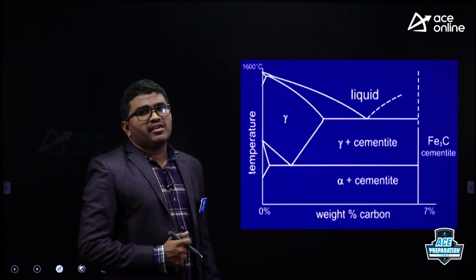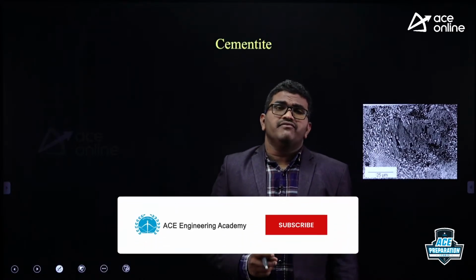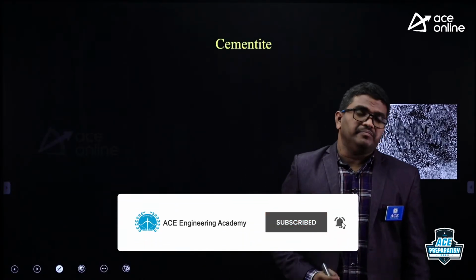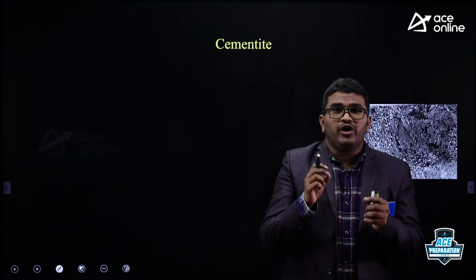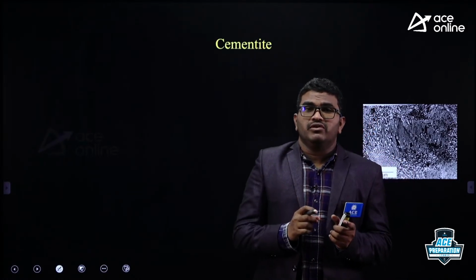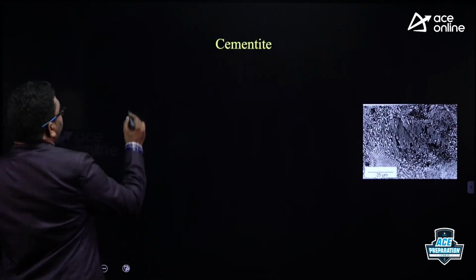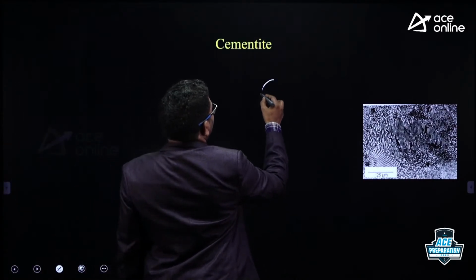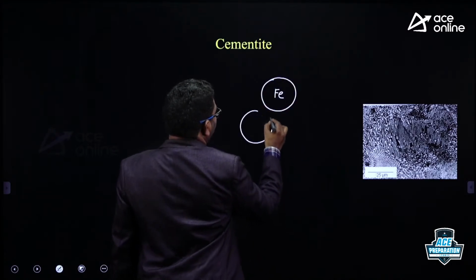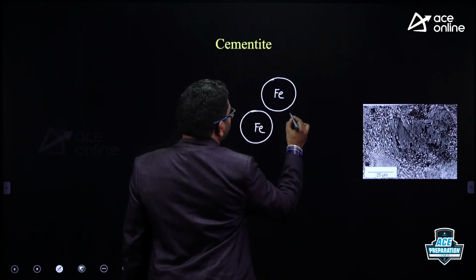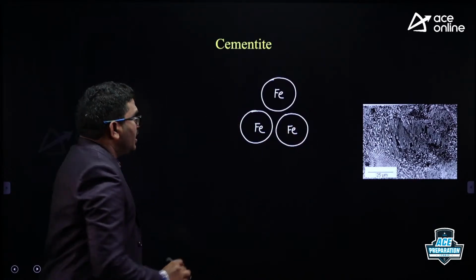Now see here, in an iron carbon alloy, every interstitial carbon atom makes bonds with 3 iron atoms and forms 3 covalent bonds. Let us consider here: this is one iron atom, this is another iron atom, and this is another iron atom, 3 iron atoms.